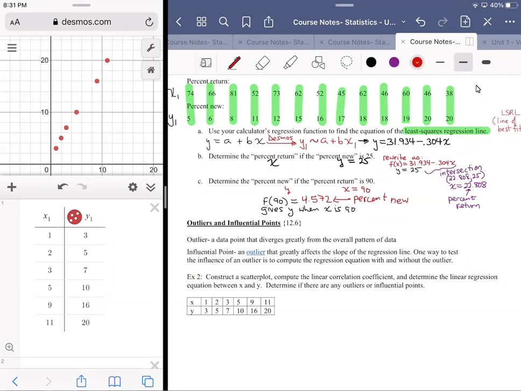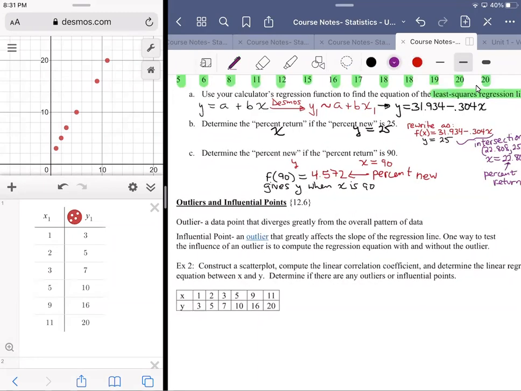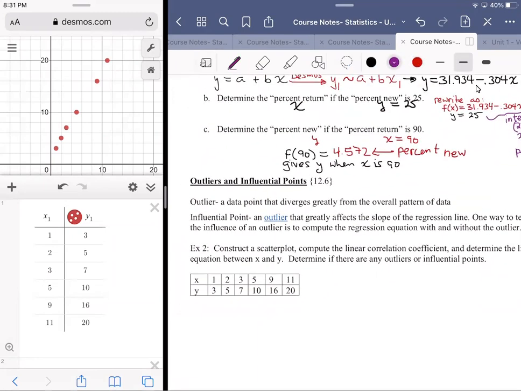All right, first thing you look at or notice, hopefully, is that there doesn't appear to be any striking deviations from the overall trend of the data. All right, so no striking deviations from overall trend.